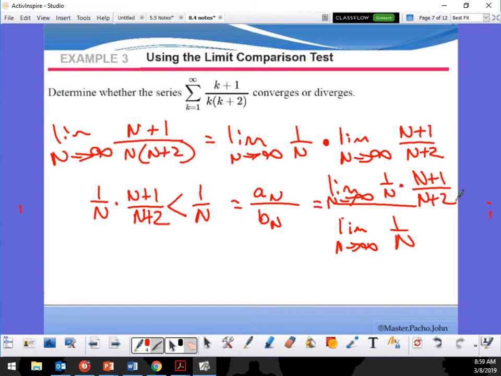On the bottom, as n goes to infinity, that one is going to go to 0 there. So I'm automatically not going to be able to get that one.